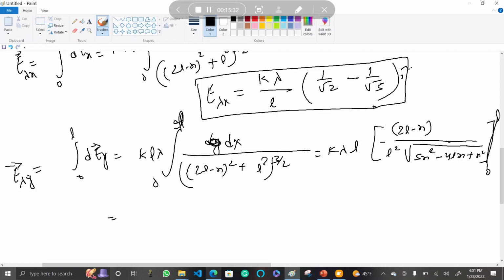If you do a small algebra, here also you would finally get k lambda by l times minus 1 by 2 plus 2 by root 5 along the z direction.